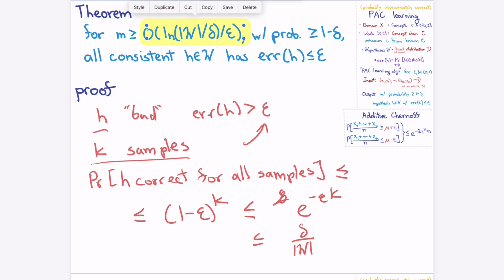If I plug that in, then the epsilon will cancel out, and you have this log of size of H over delta. Yeah, m is the same. Now we union bound over H.